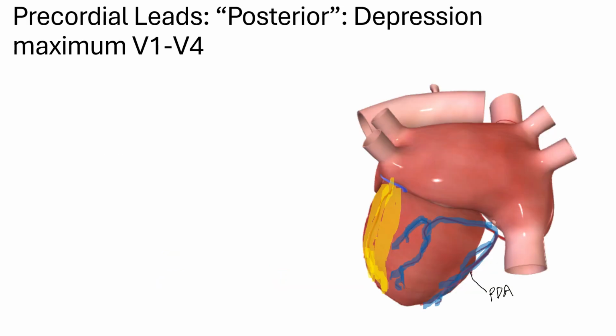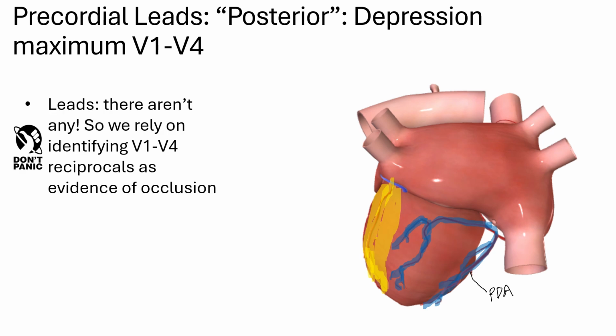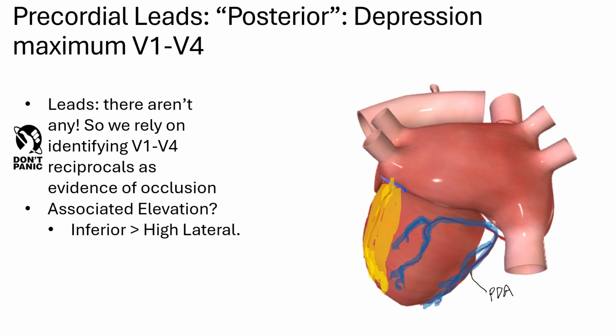Now the time has come to talk about the back of the heart. There aren't any leads on the back of the heart, so we have to rely on identifying V1 through V4 reciprocals as evidence of occlusion. Sometimes there's associated elevation, oftentimes in the inferior leads, less often in the high lateral leads.